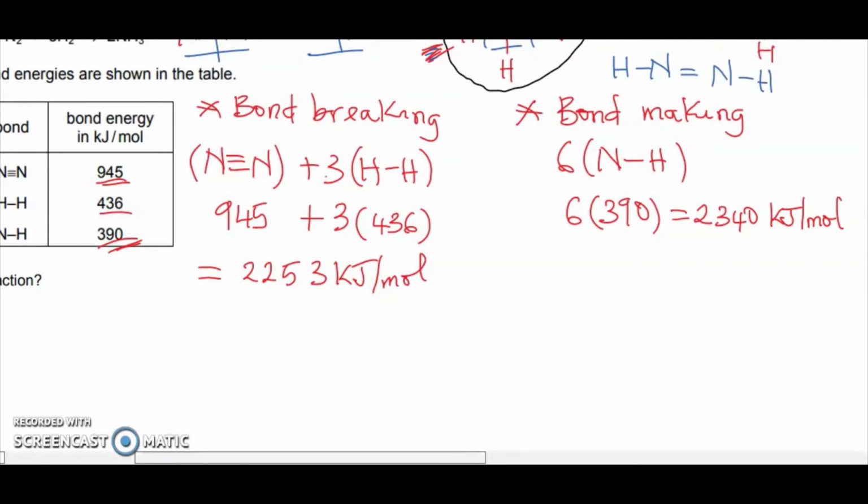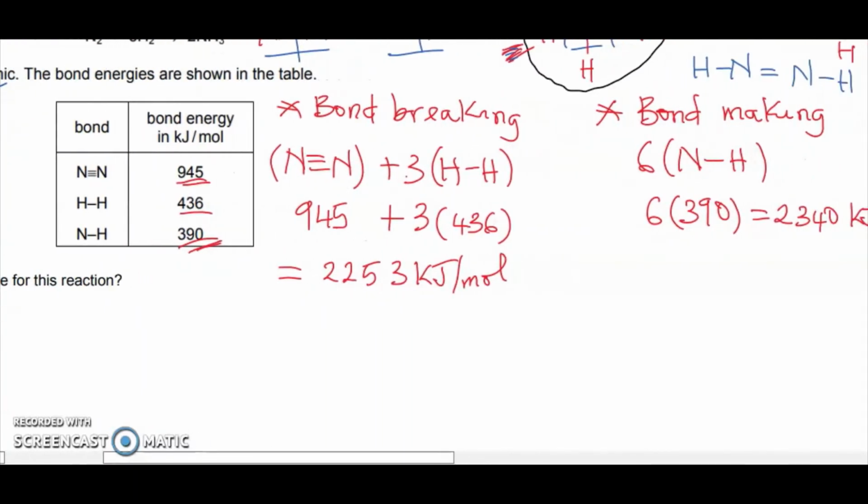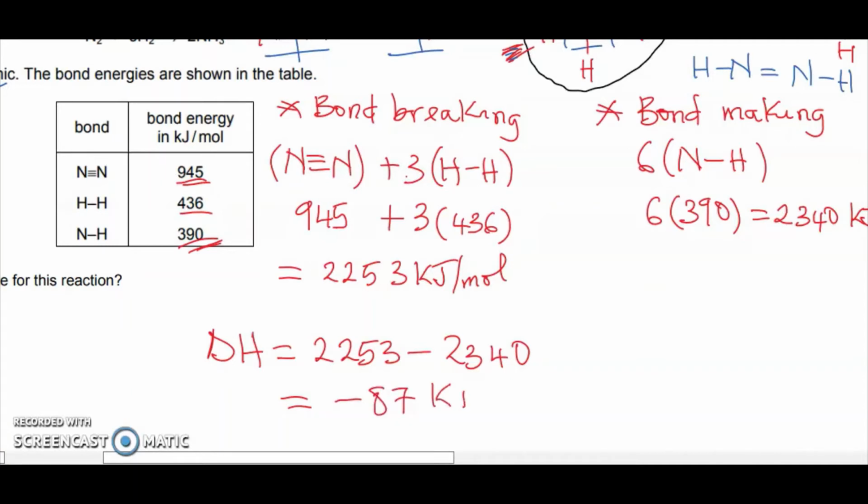This therefore means that the energy change, delta H of the reaction, will be 2253 minus 2340, and if you punch that, you're gonna have negative 87 kilojoule per mole.